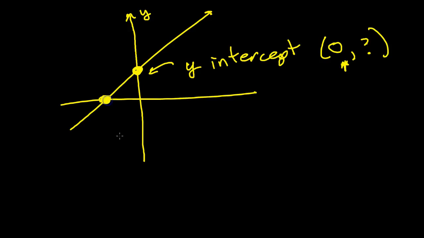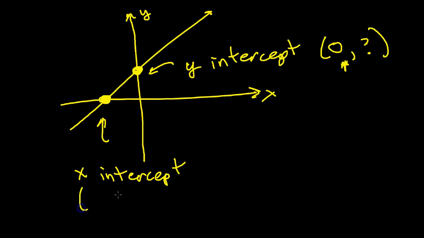Similarly, where the line intersects the x-axis, that's going to be the x-intercept. And x-intercepts always have the form where the y-coordinate is 0. If y is 0, that means you're on the x-axis somewhere. Right?